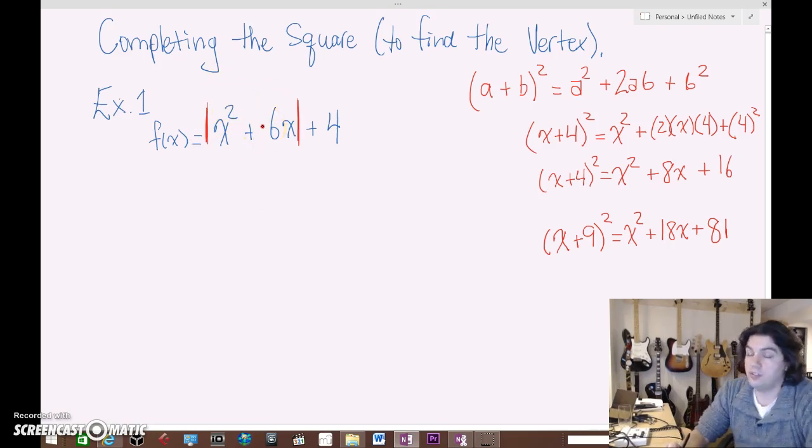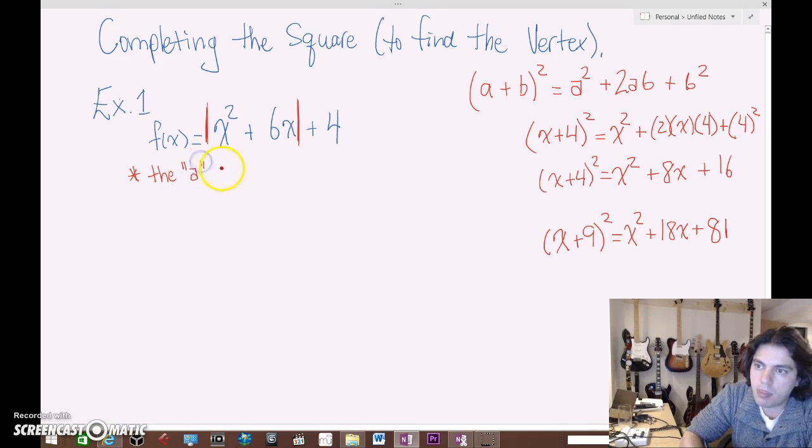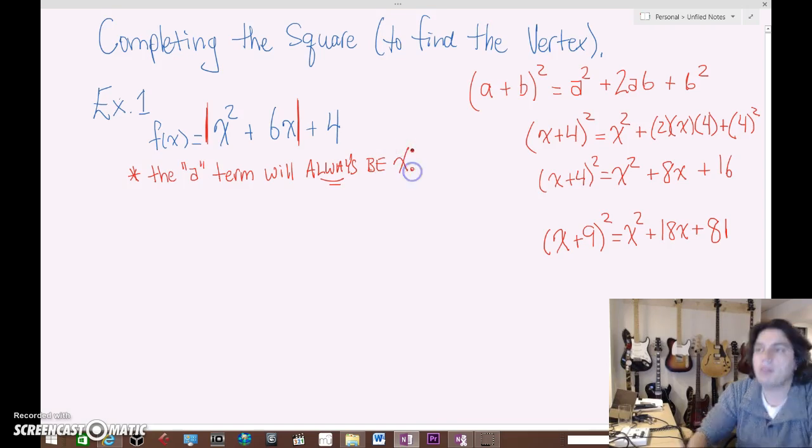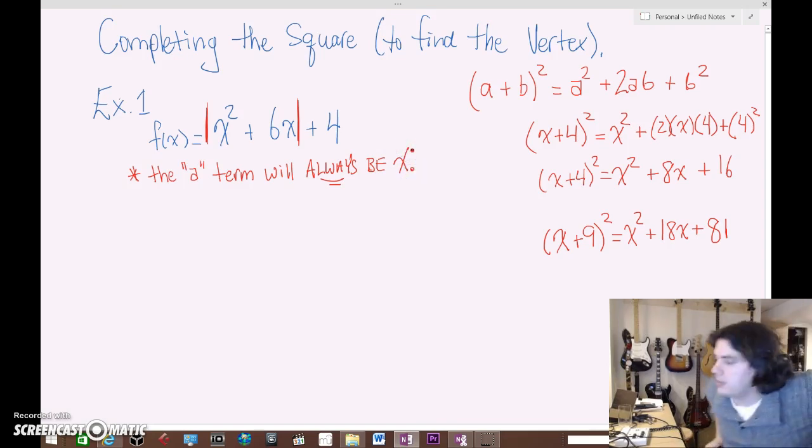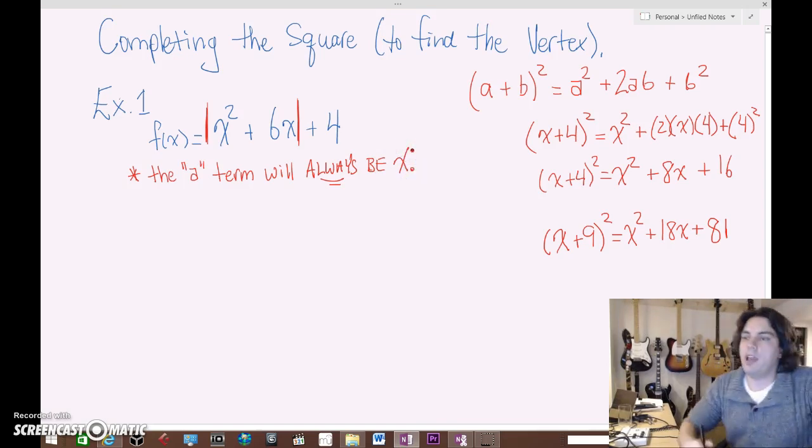Now the good news is, there's a couple things you can always note. The a term will always be x in these cases. In every question we do in this class, if you're trying to put an equation in vertex form, we're always going to make sure that the a term is x.